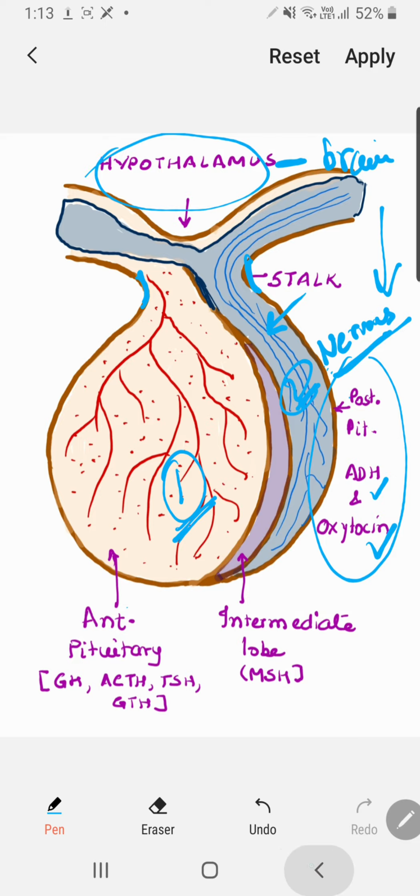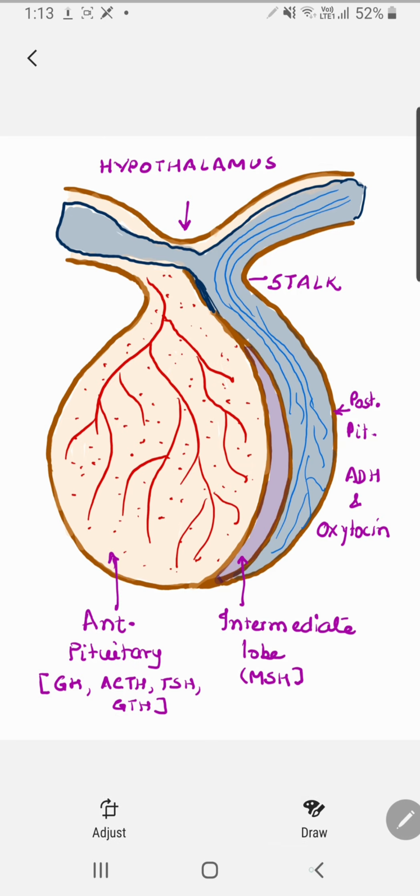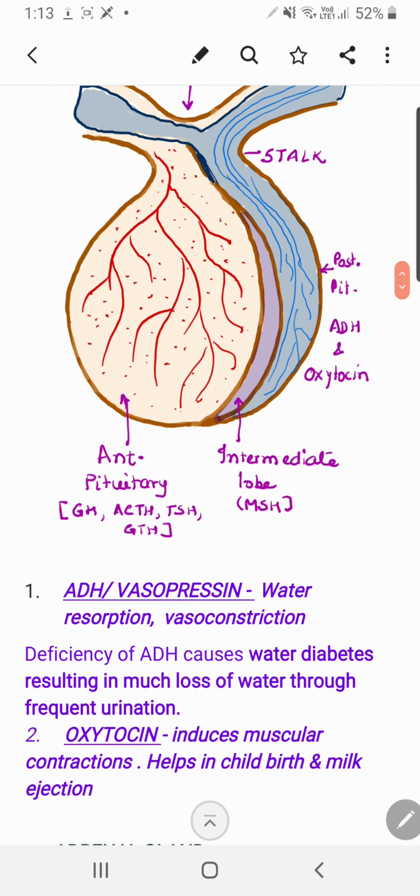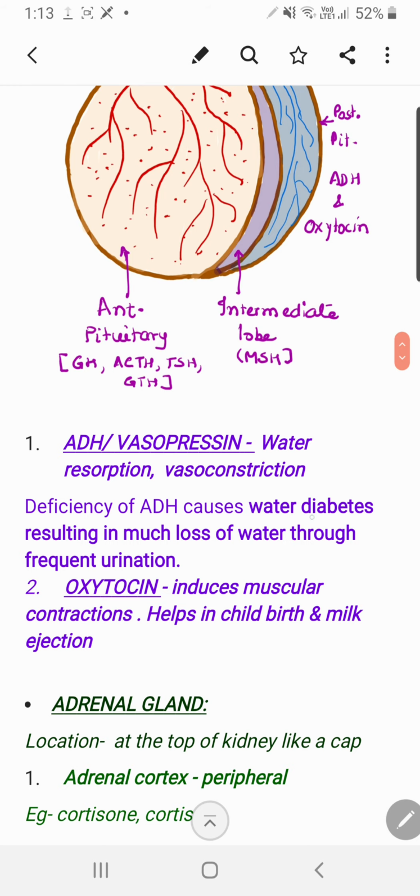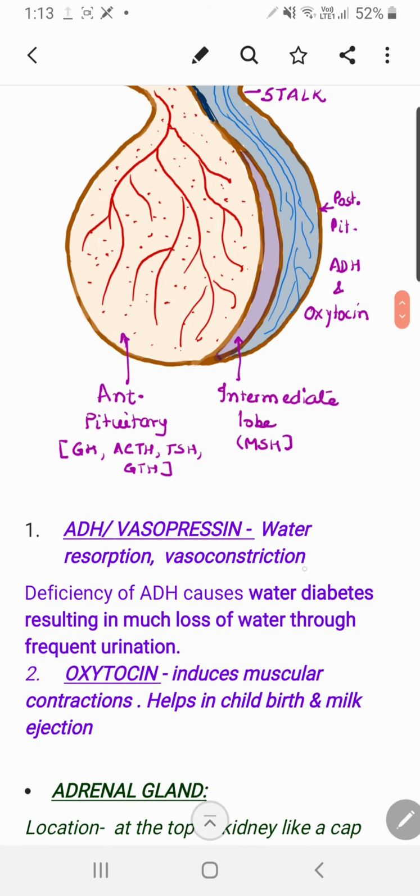I'm just coming back to the main page so that you understand things better. See, ADH and vasopressin. So now what does ADH do? You people have studied this word at the time I taught you excretory system. In excretory system, the volume of urine was controlled by ADH, antidiuretic hormone.